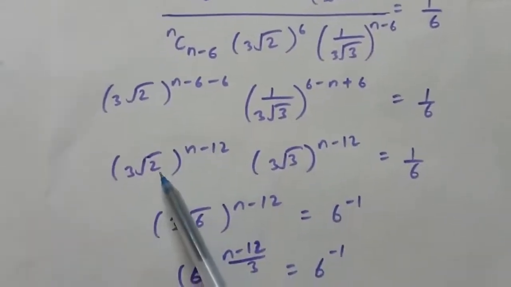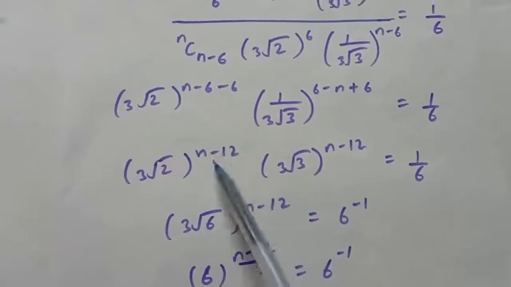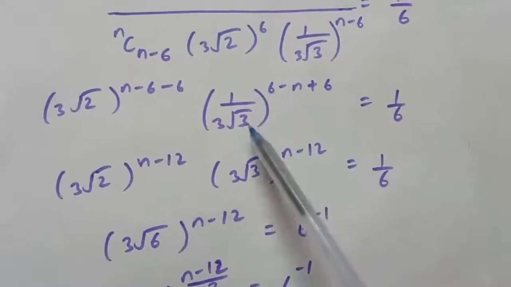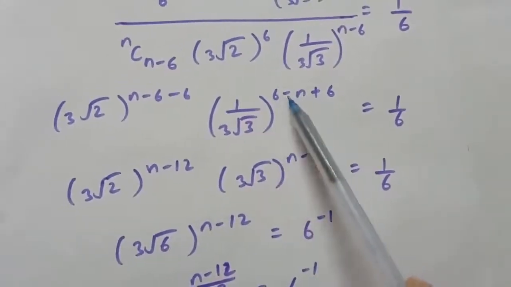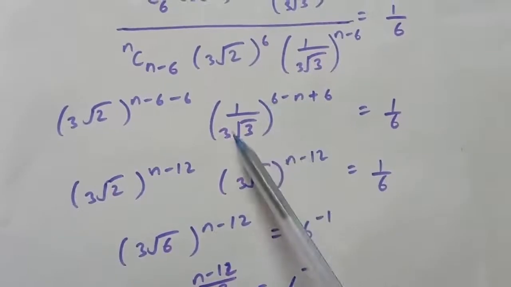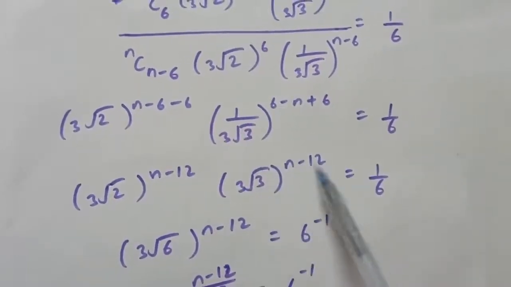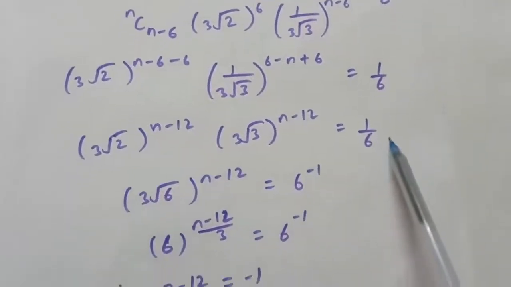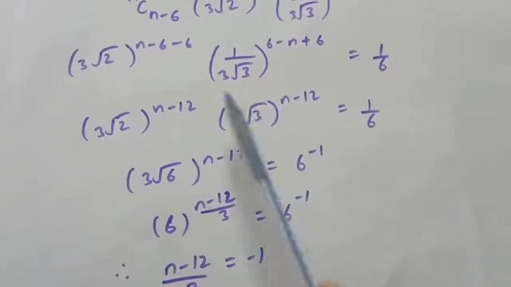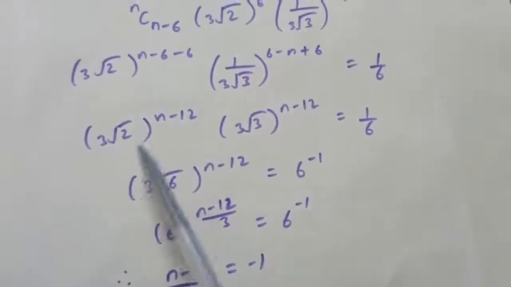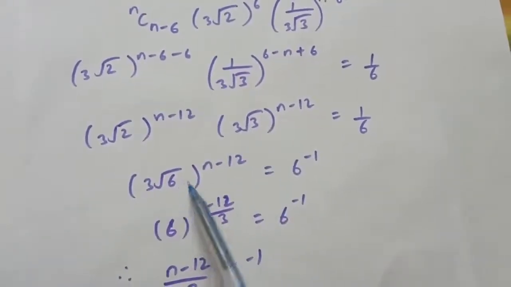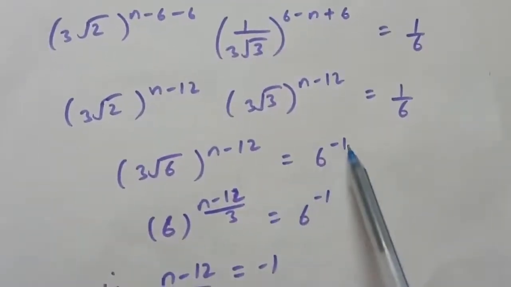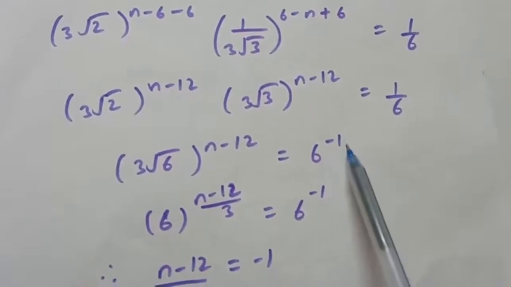Now this will be cube root of 2 raised to the power n minus 12, and this will be 1 upon cube root of 3 raised to the power 12 minus n, but taking this in the numerator, the sign of the power will change, it will become n minus 12, equal to 1 upon 6. Now because powers are the same, multiply the bases. This will become cube root of 6 raised to the power n minus 12, equal to 6 raised to the power minus 1.